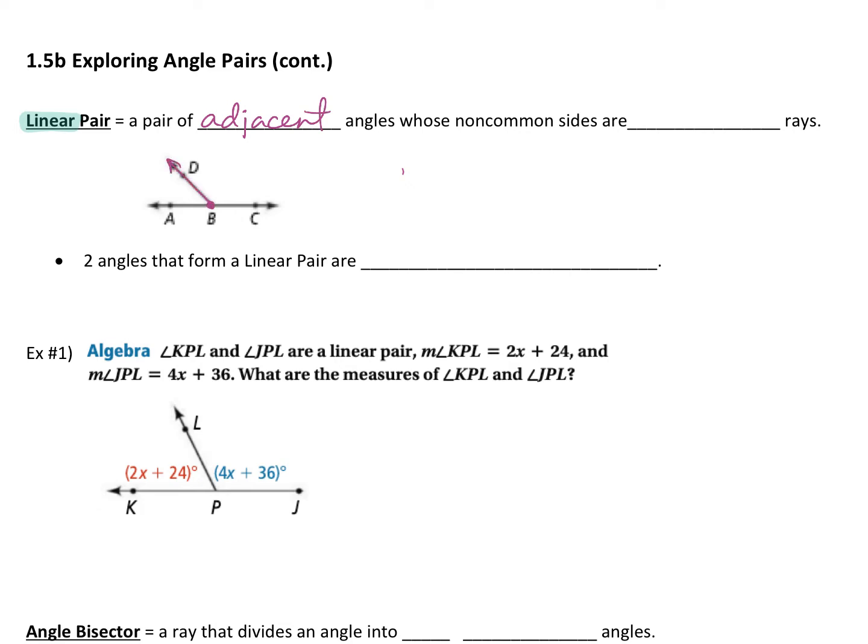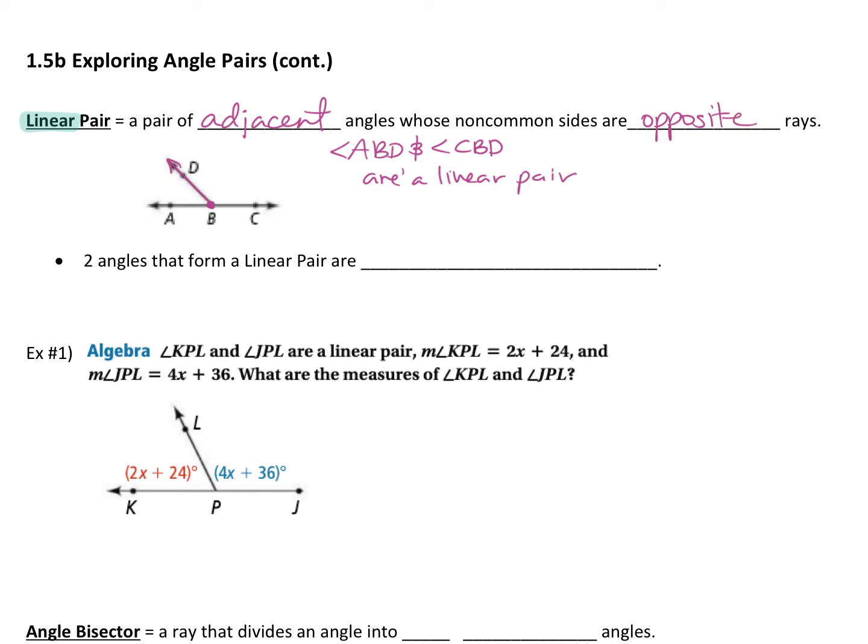So we would say angle ABD and angle CBD are a linear pair. Okay. And then it's just the side they don't have in common are opposite rays.